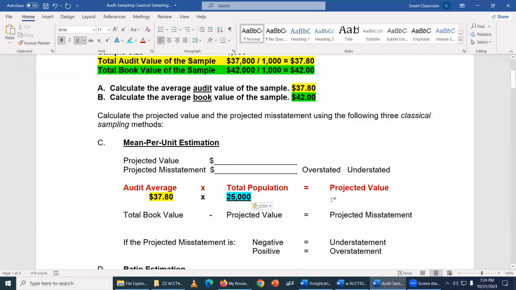This should be what the total projected value is.